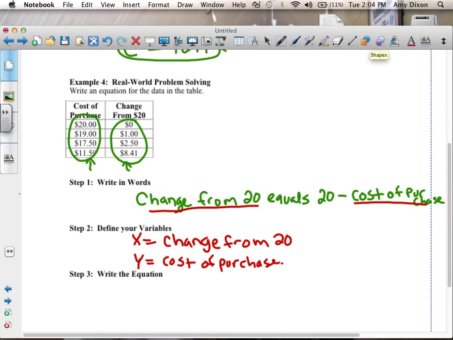Now all we have to do is replace those words with the variables we've chosen. In place of change from 20, we put x. x equals 20 minus y. And this will be our equation.